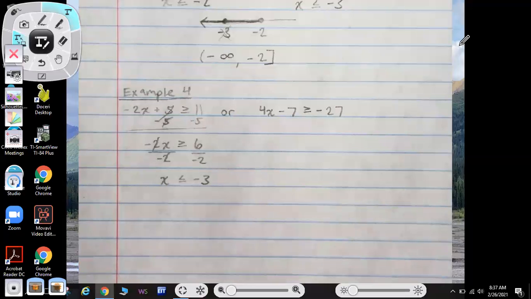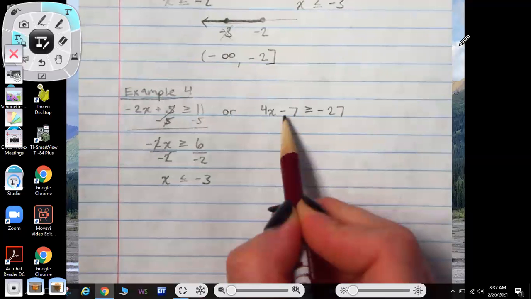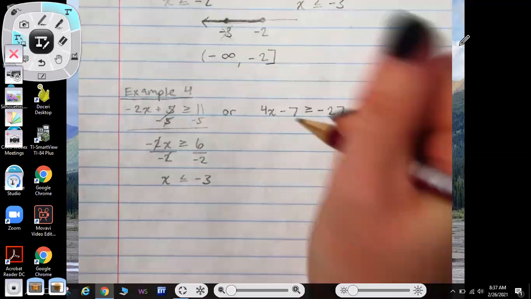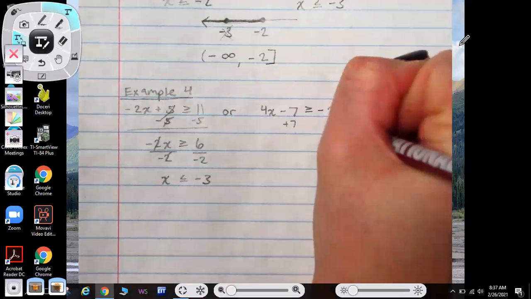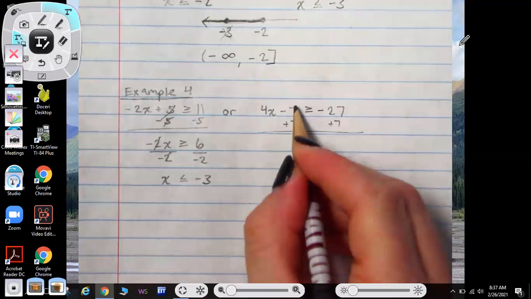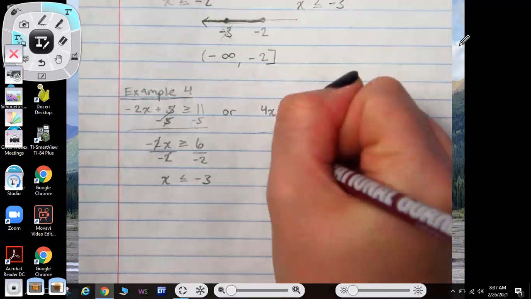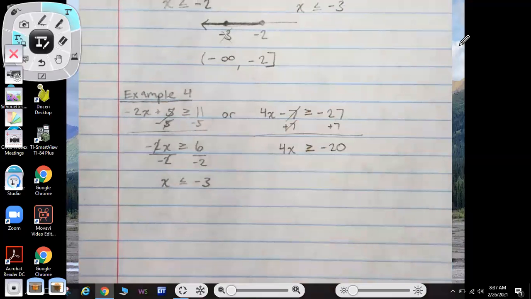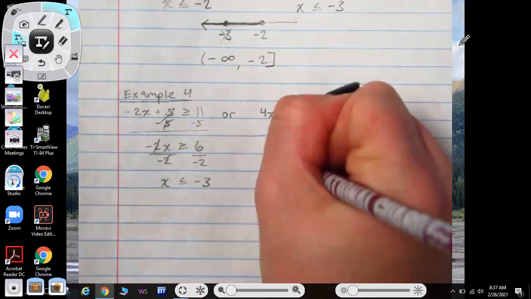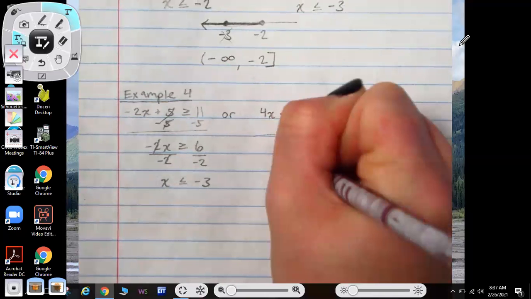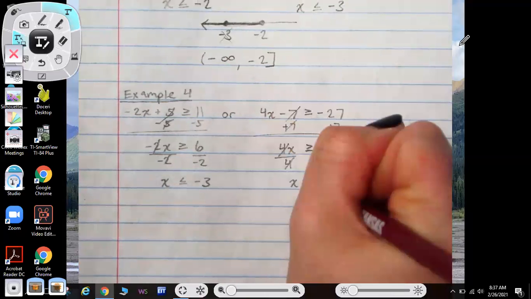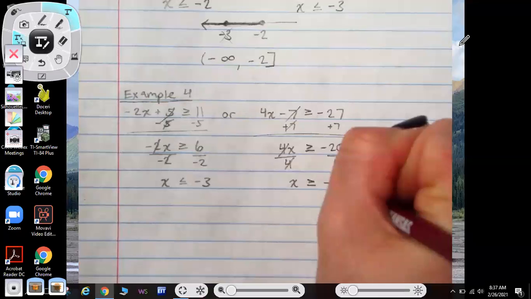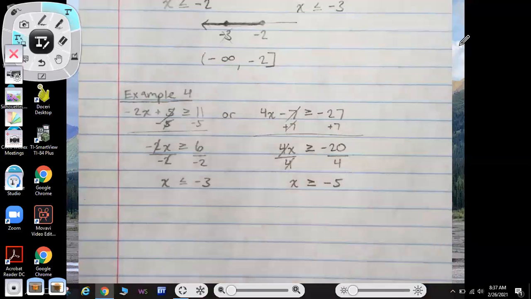The second one, 4x - 7 is greater than or equal to -27. Add 7 to both sides. Divide both sides by 4 to get x by itself. We get x is greater than or equal to -5.